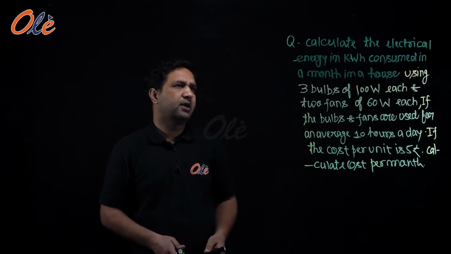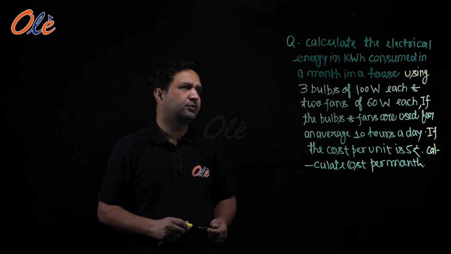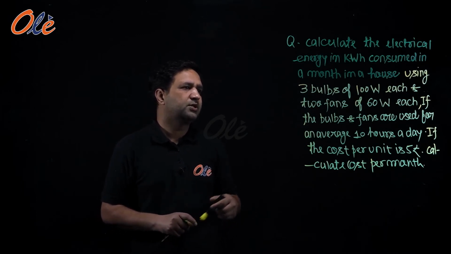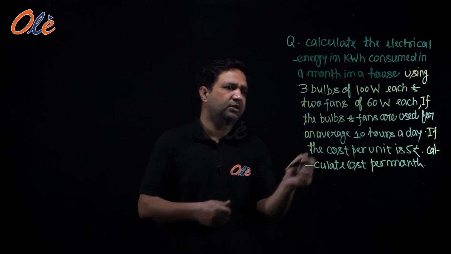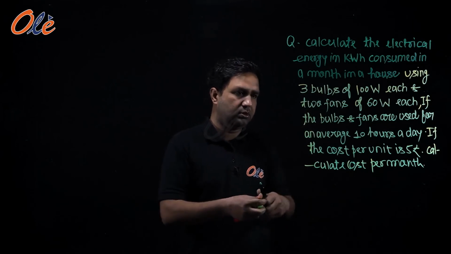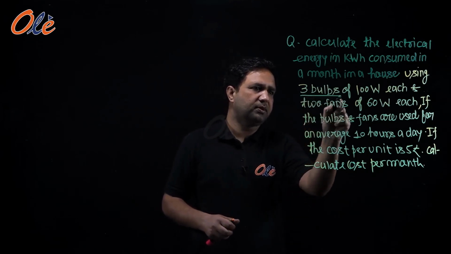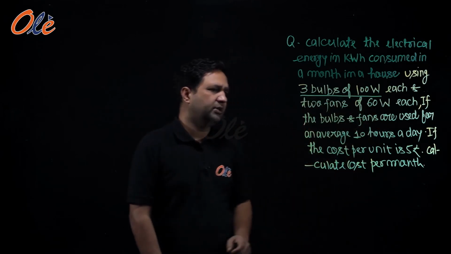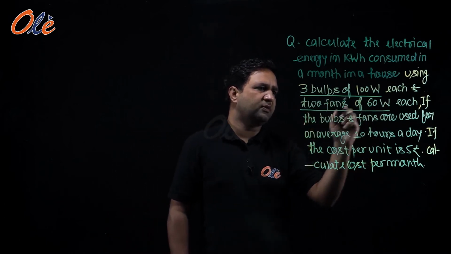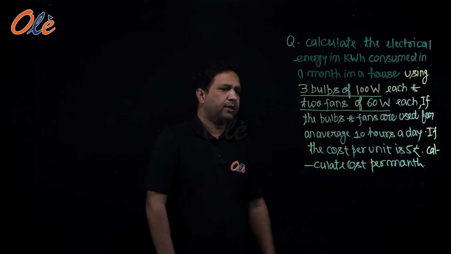So here is another question, and it says calculate the electrical energy in kilowatt hour consumed in a month in a house using 3 bulbs of 100 watt each and 2 fans of 60 watt each.